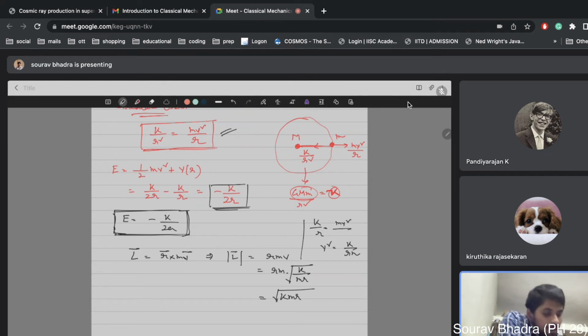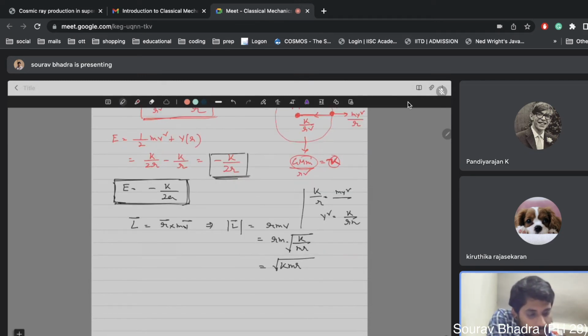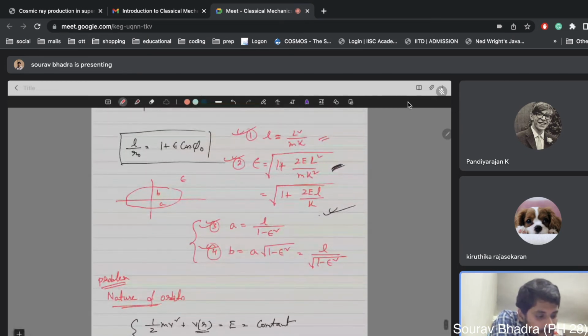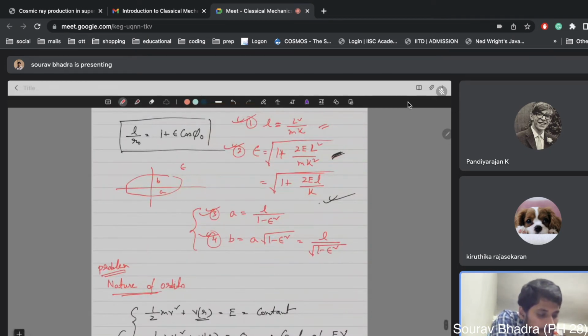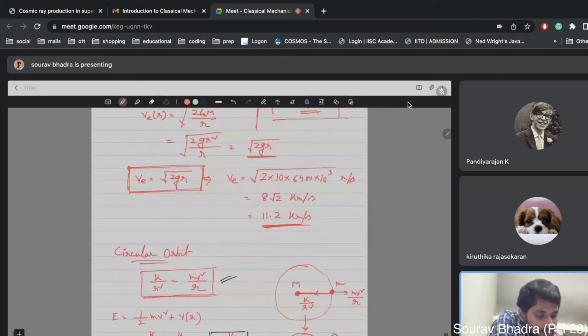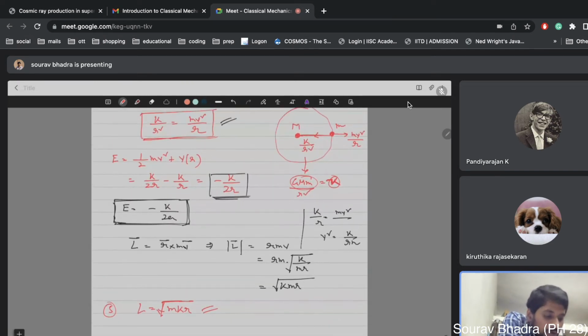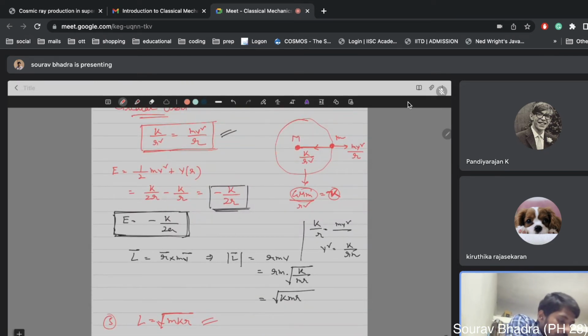Okay, so this is also an important result which you should remember. Here I have written 1 2 3 4, and just add this particular expression to this list, so let us call it 5. So please try to remember this expression. These are very useful while dealing with problems. So if a particle is moving in a circular orbit, and you should also remember the condition, it is not valid in an elliptical orbit.